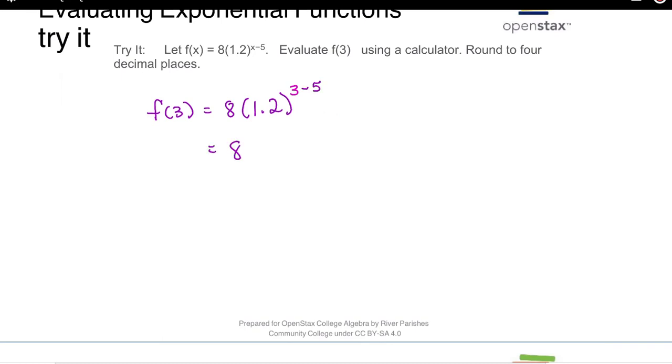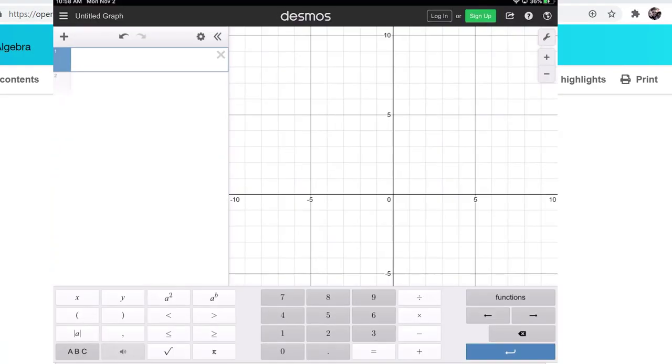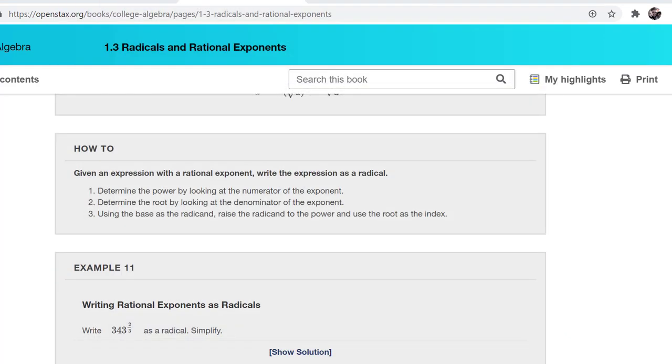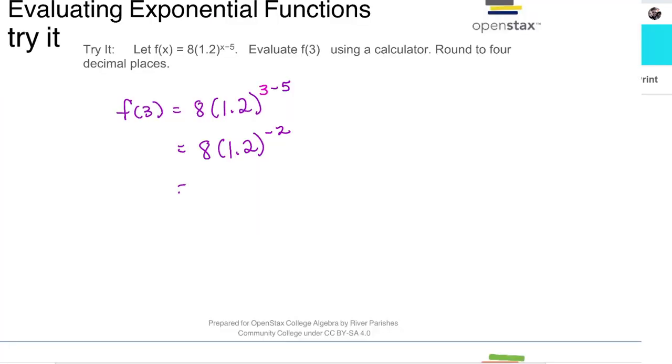So this is really 8 times 1.2 to the -2. So let's look at our calculator, and we can do 8 parentheses 1.2 carried to the -2, and it looks like we get 5.55555. This is rounded 4 decimal places, so 5.1234.